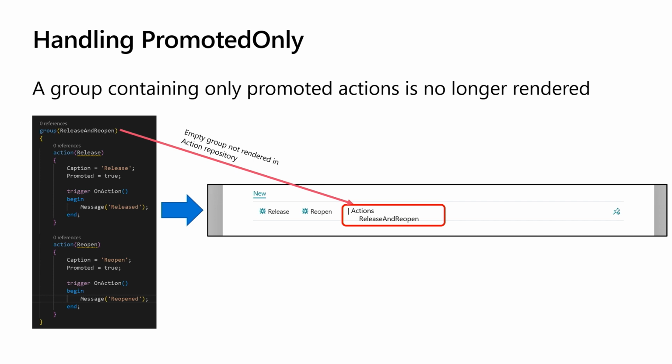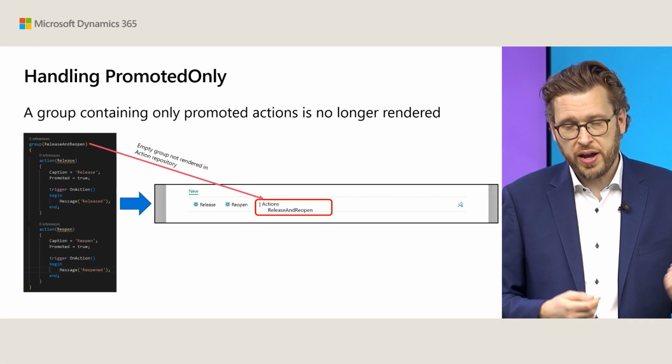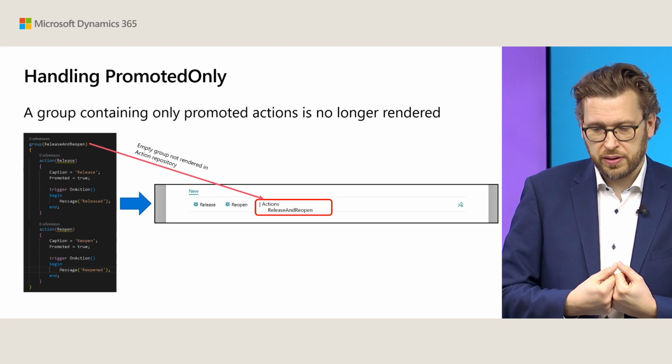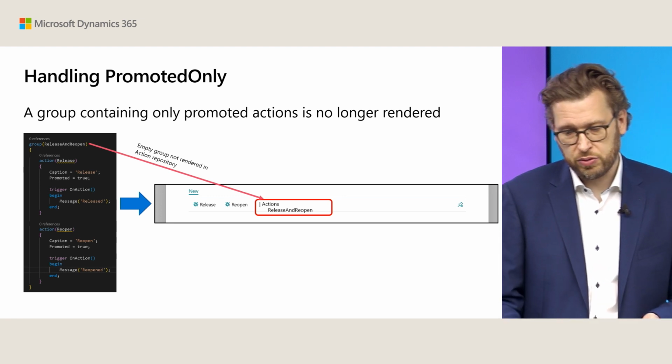In this case, in the code example here, we have a release and a reopen group, and it would normally be shown under the actions repository on the right side of the actions bar, but it's not because everything is promoted. And the way that you can then surface this again could be to, in personalization, reapply those.